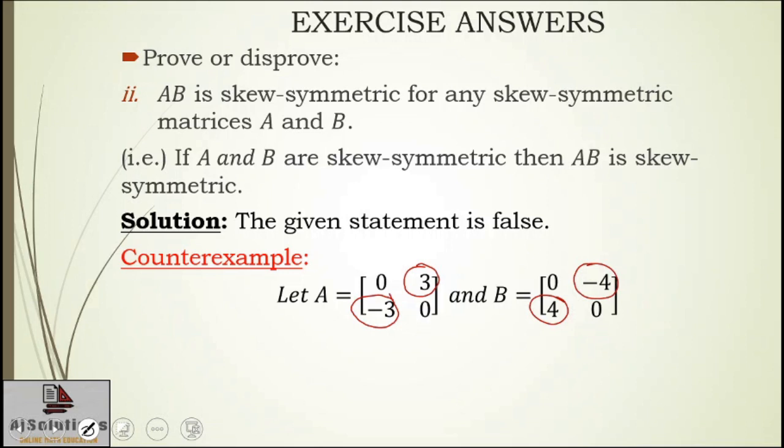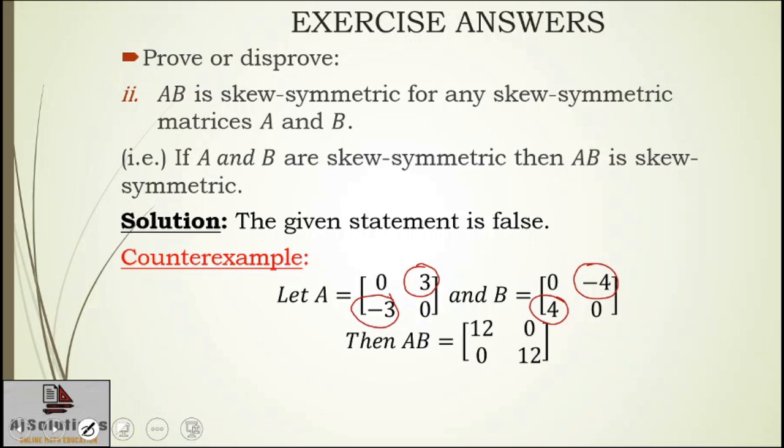So the A and B which you see are nothing but skew symmetric matrices. And if you compute AB after that, you get AB as this, and this AB is not skew symmetric because on the diagonal you have a non-zero number.